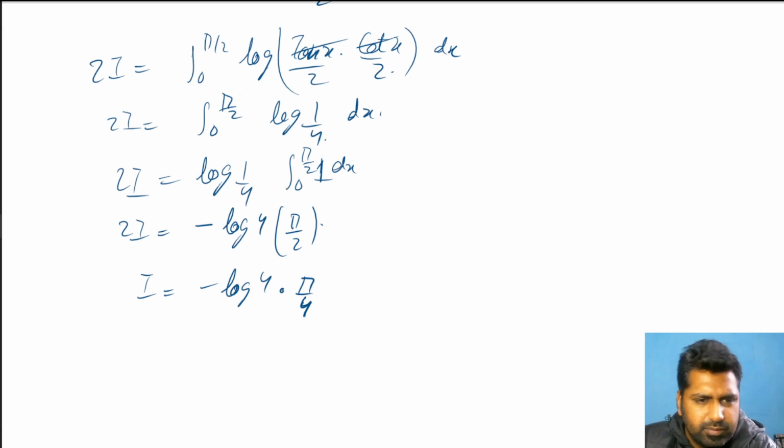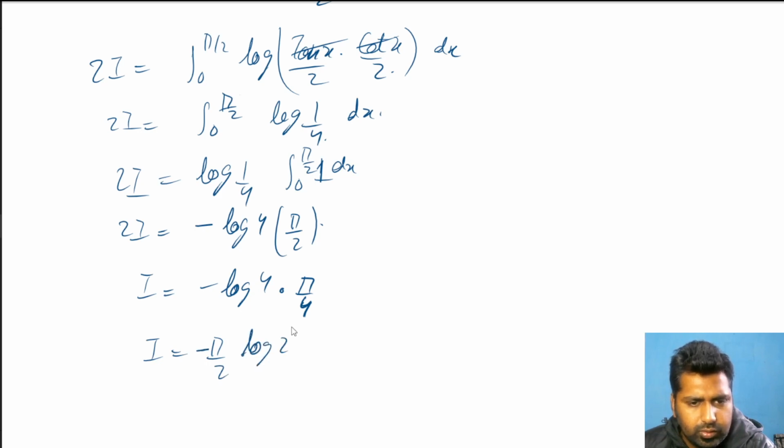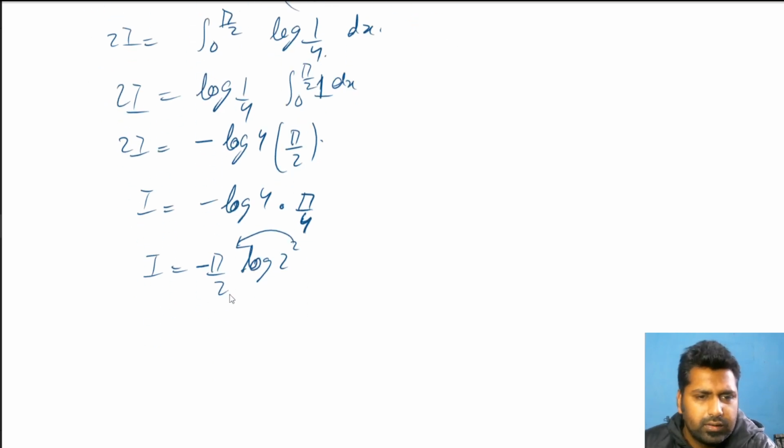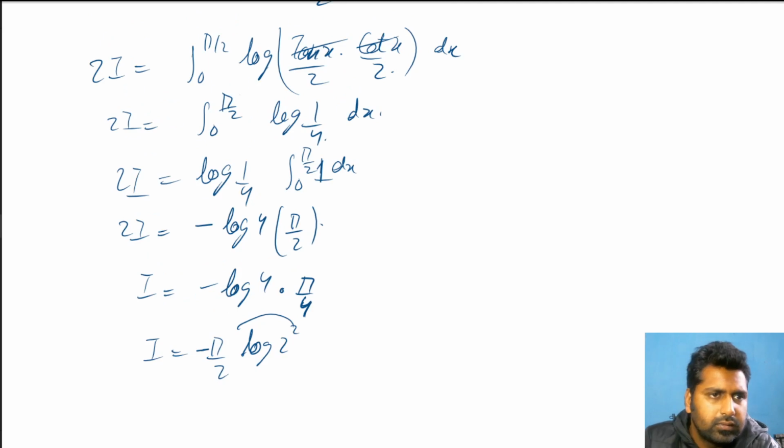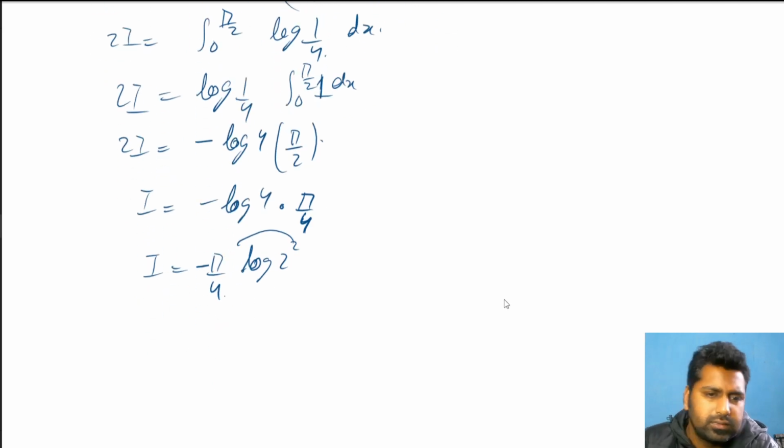Further, if you want to simplify, I is equal to pi by 4, negative log 2 square, get this 2 here. Sorry, pi by 4 now. That was pi by 4. I told you log 2, that we can adjust.